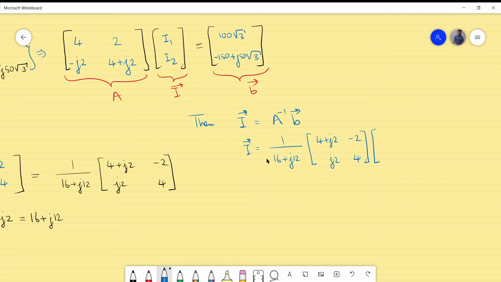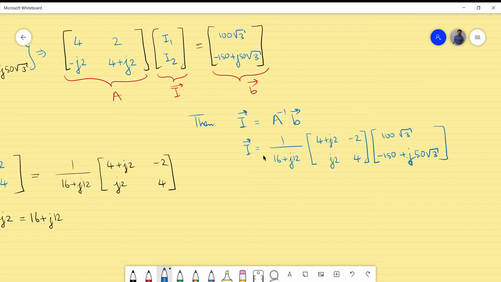And you will have this factor, that is 100 square root of 3 minus 150 plus j50 times square root of 3, and this is the expression.